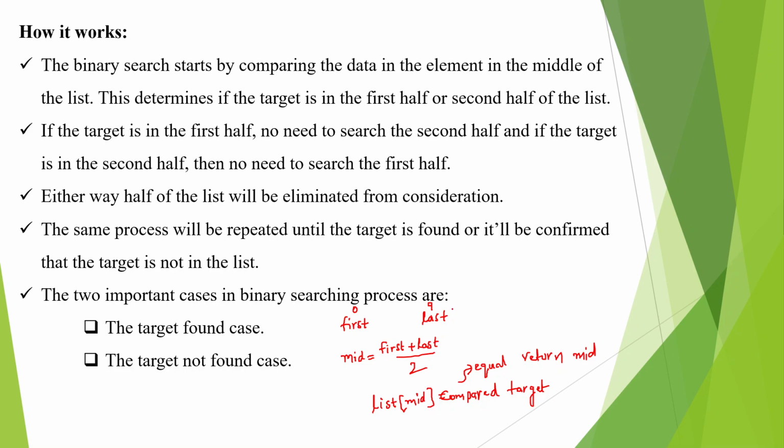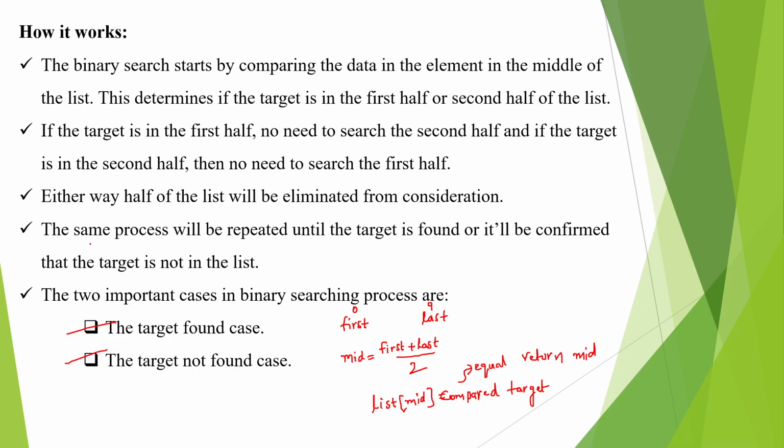So there are two possible cases for this binary search technique: the target found case, and the target not found case. Very crucial, and comparatively it is a somewhat more complicated approach than linear sequential search.